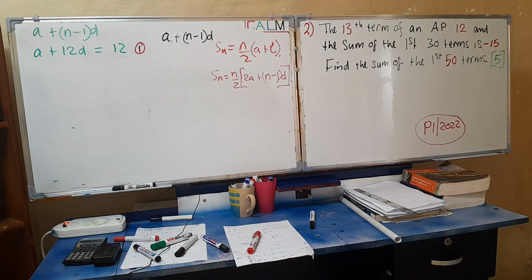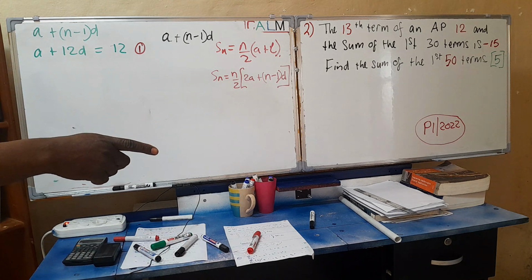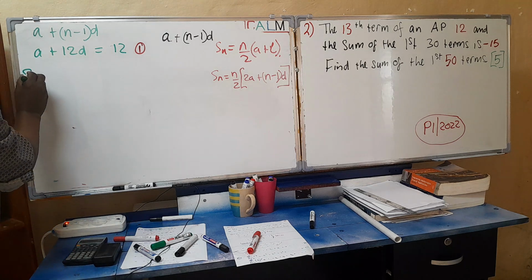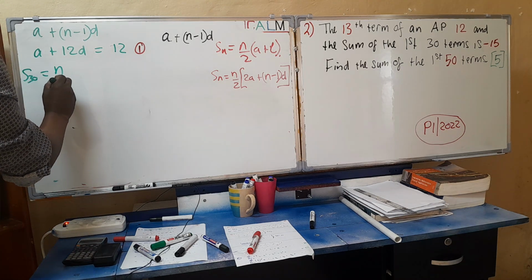Okay, equation number 1. The second piece of information that we have is the sum of the first 30 terms is minus 15. Which one do we use? We don't know L, we know a and d, so let's use this one. S30, the first 30 terms, is equal to n over 2.